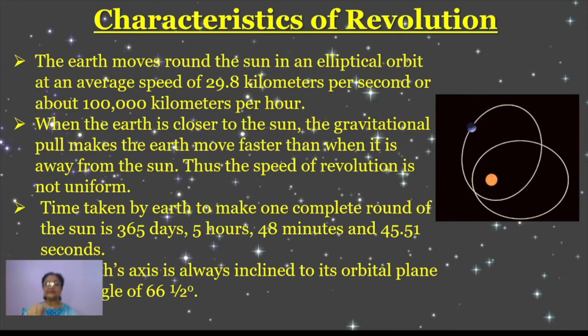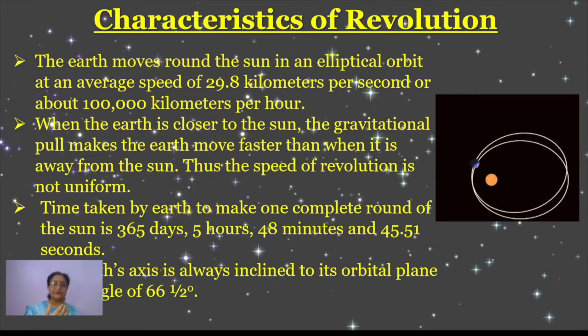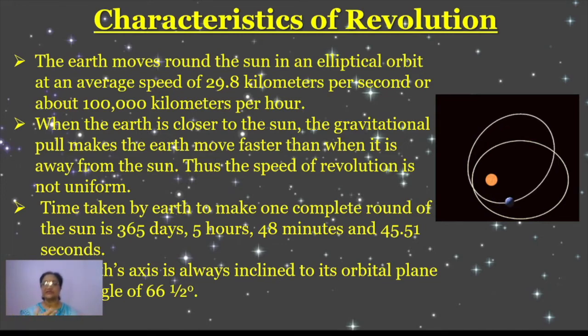Because as the earth moves away from the sun during its movement around it, its speed actually gets reduced. But when it comes closer to the sun, its speed increases. That's why whenever we say what is the speed of earth in its revolution movement, we always say average speed. So the average speed of it is almost 1 lakh kilometers per hour.